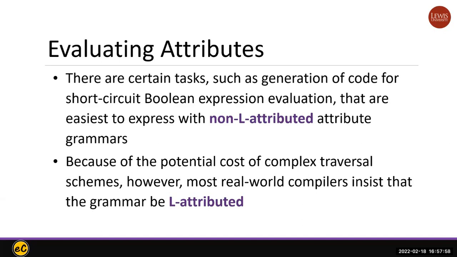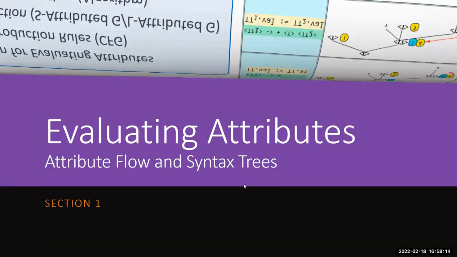Short circuit does not like the L attribute because of the potential cost of a complex traversal scheme. However, most real-world compilers insist that the grammar be L attributed. So some compilers really want L attributed.